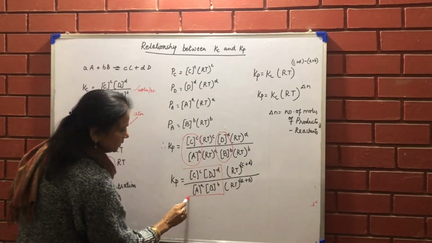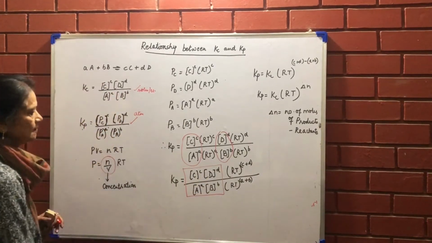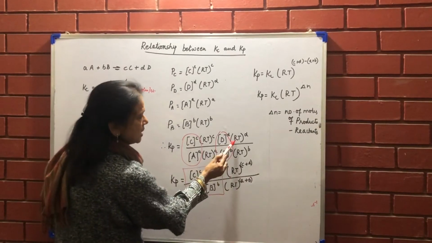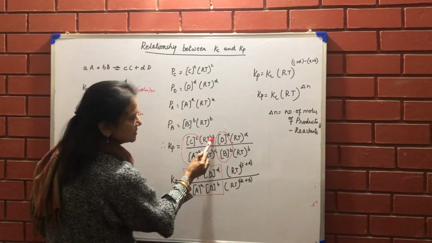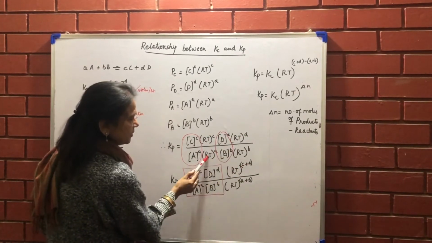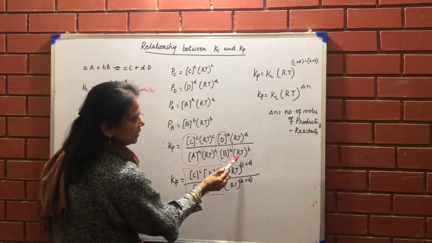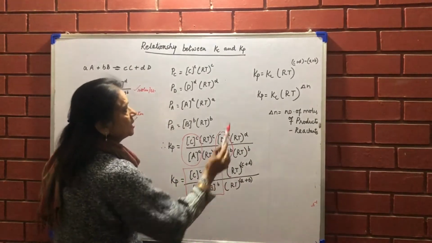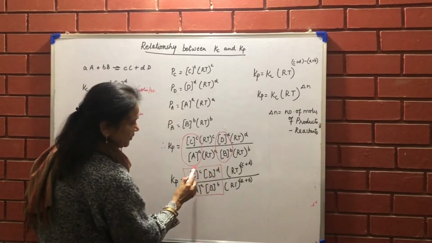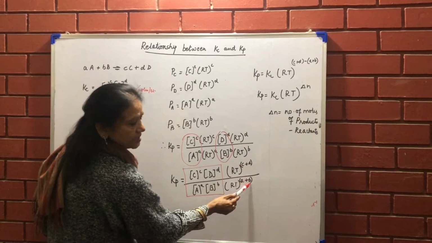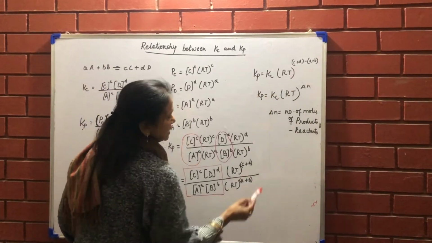This whole thing can be written as Kc, multiplied by RT to the power c, RT to the power d, so RT to the power c plus d. In the denominator, RT to the power a, RT to the power b, becomes RT to the power a plus b. Then Kp is equal to Kc into RT to the power (c plus d) minus (a plus b).